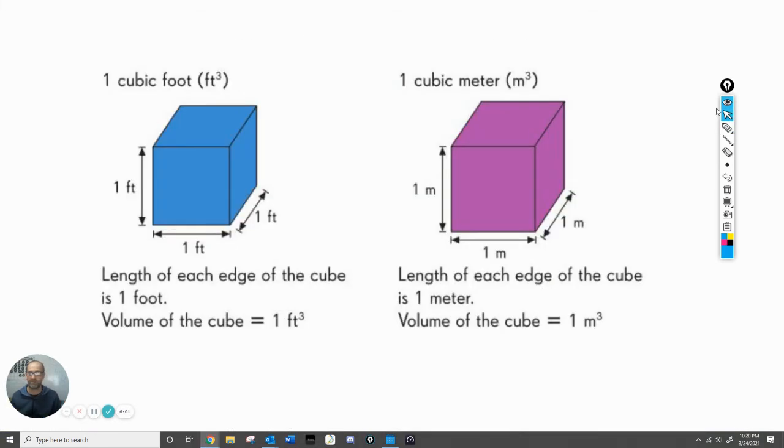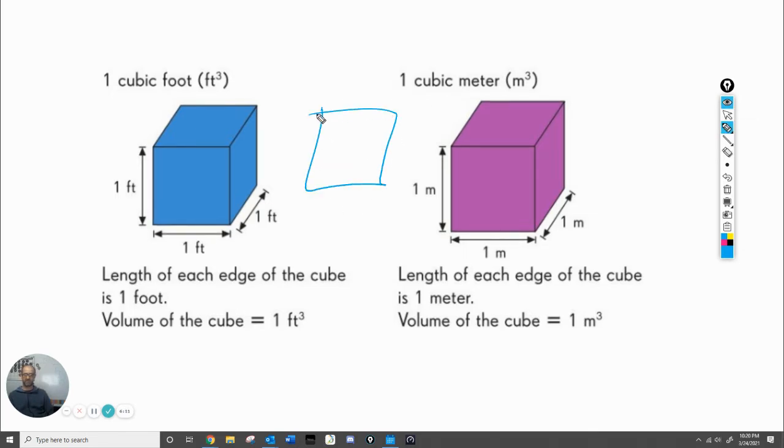Boom. Oh, and then up here you've got another one. We go from 1 cubic foot to 1 cubic meter. Cubic meter is pretty big. One thing you might also hear about, this is just a fun fact for me talking about my life, is a cubic yard, which is 1 yard by 1 yard by 1 yard.